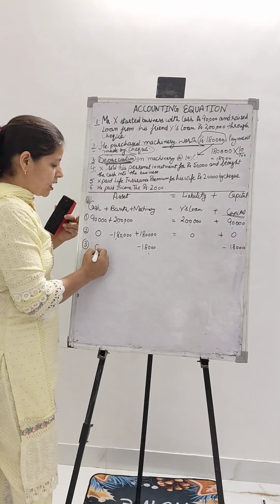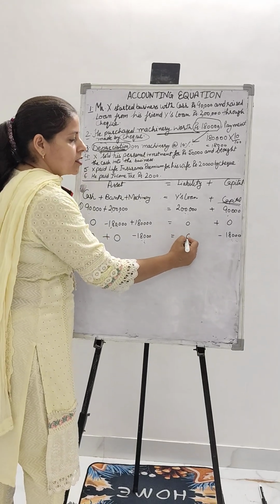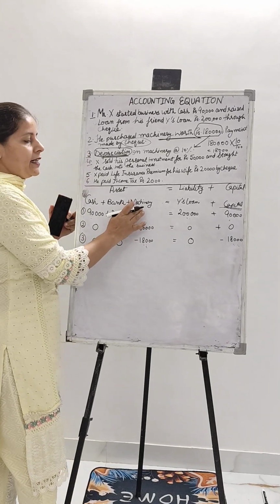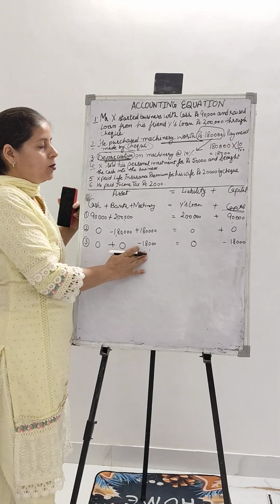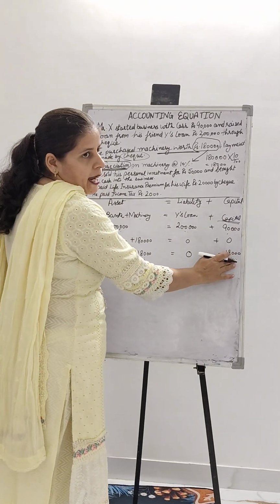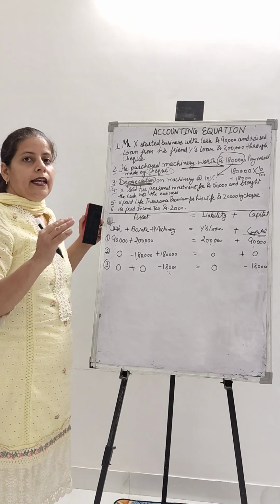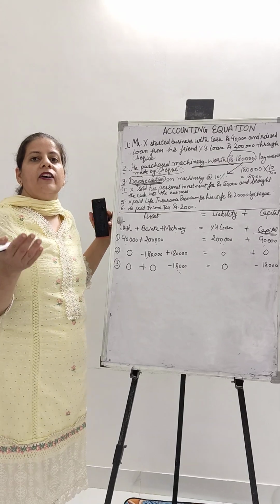So no change in cash, no change in bank balance, no change in loan amount, only the depreciation is reduced from your machinery value and also from your capital value because it is a loss to the business. It is not paid to someone else.